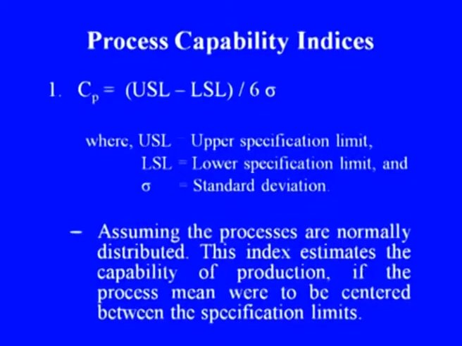There are number of process capability indices. Number 1, Cp. It is defined as the ratio of differences between the upper specification limit and lower specification limit to the 6 sigma, where sigma stands for standard deviation.